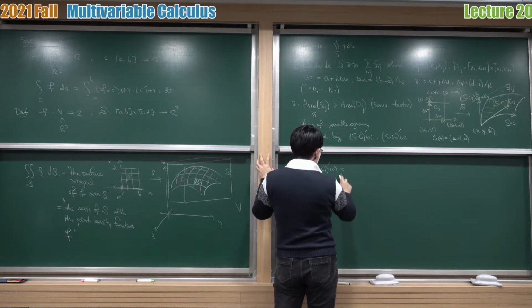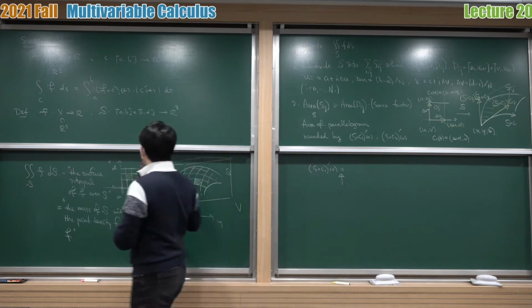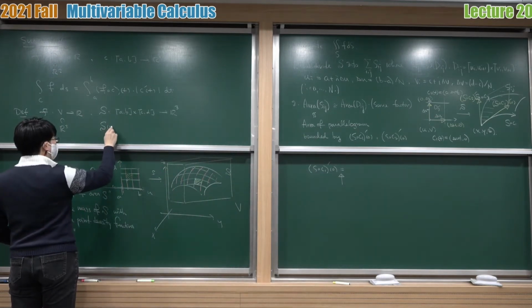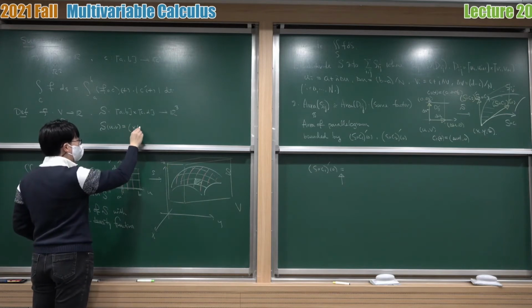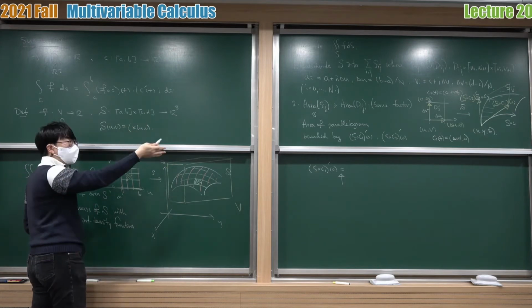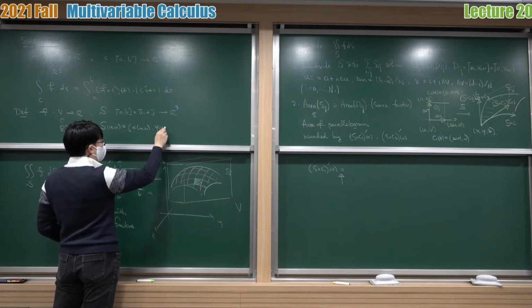I'm going to write my function S in this place. S is mapping uv to xyz, so xyz has its own two-variable function.